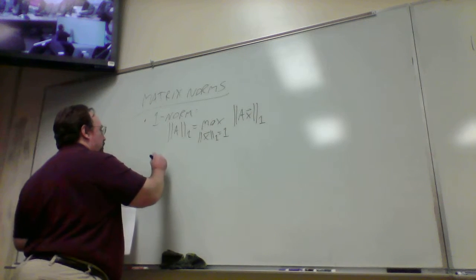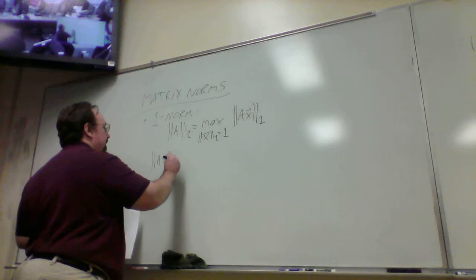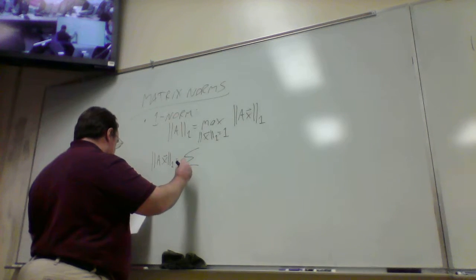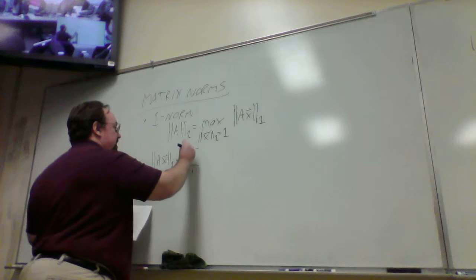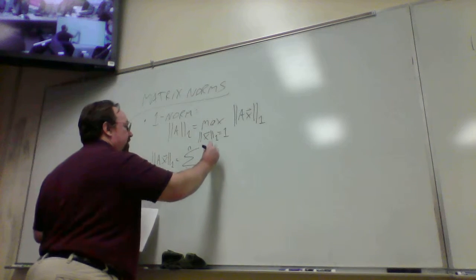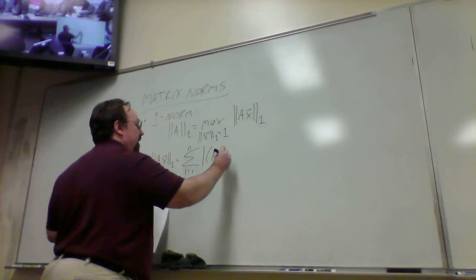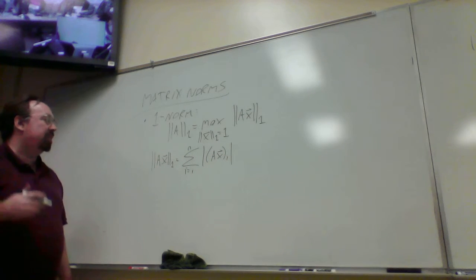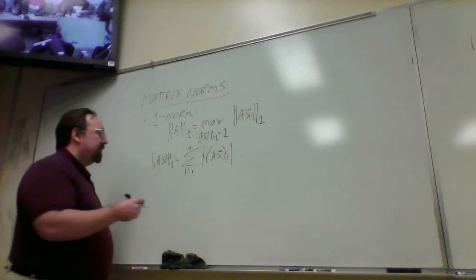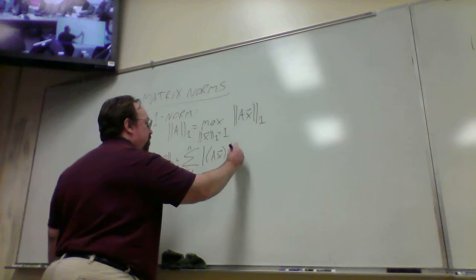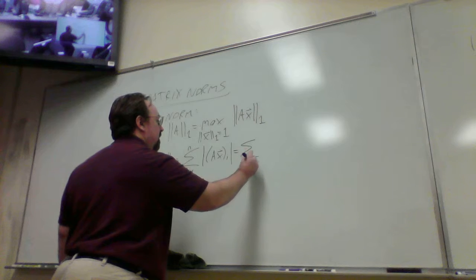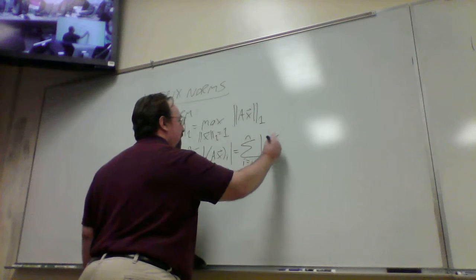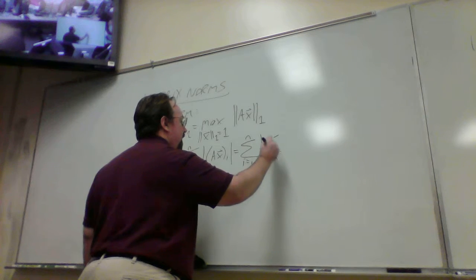So I'll look at the one norm of A times X. So that is equal to the sum of the absolute values of all the components of A times X. But now I'm going to use the definition of matrix vector product. So that would be an absolute value, a sum over j.